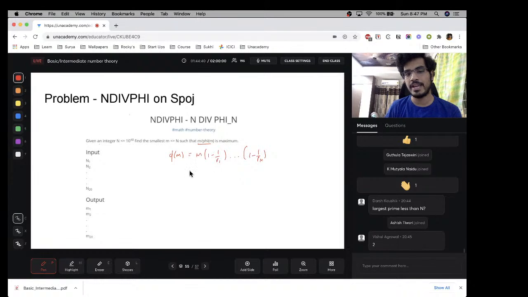So m by phi m is 1 divided by 1 minus 1 by p1, and so on up to 1 minus 1 by pk, where p1, p2, p3, and so on up to pk are the prime factors.